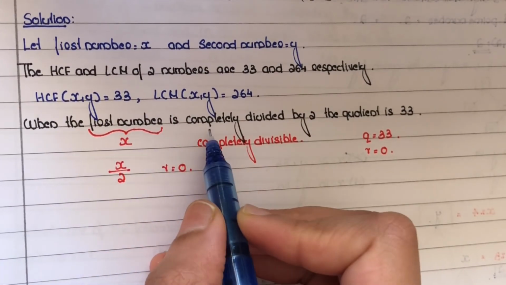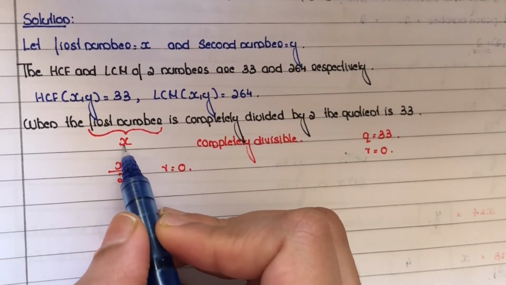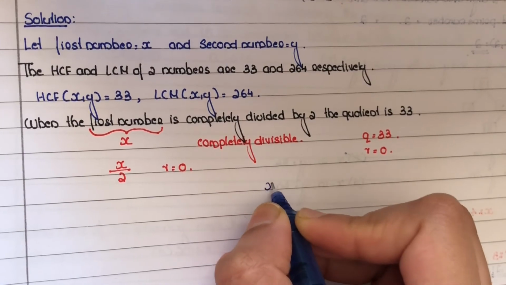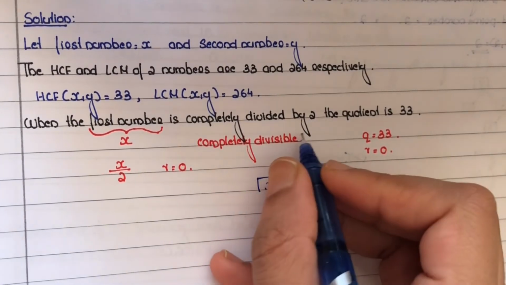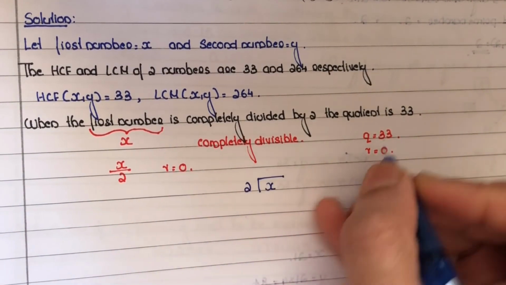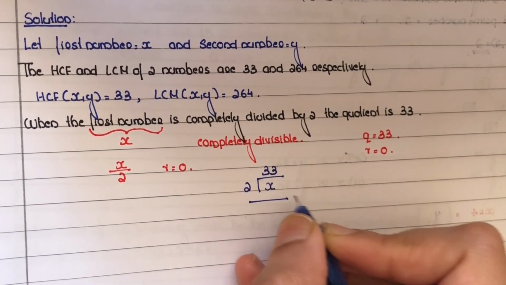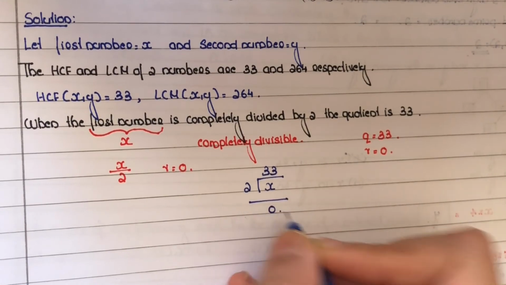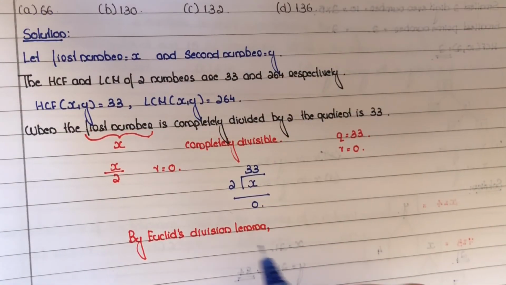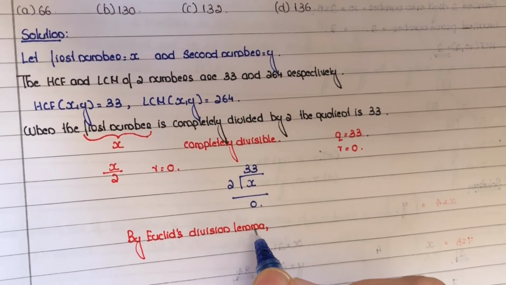First number is completely divided by 2. So here x is the dividend, right? When x is divided by 2, you get quotient 33 and remainder 0. Next, apply Euclid's division lemma.